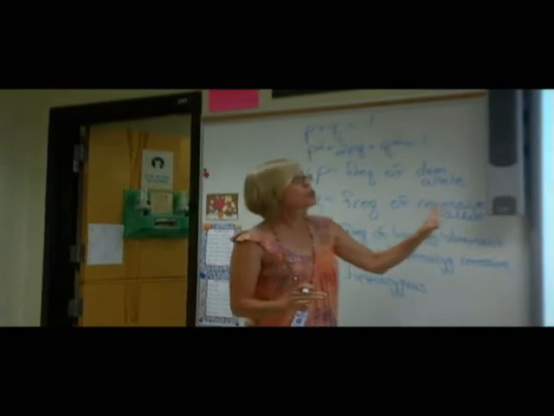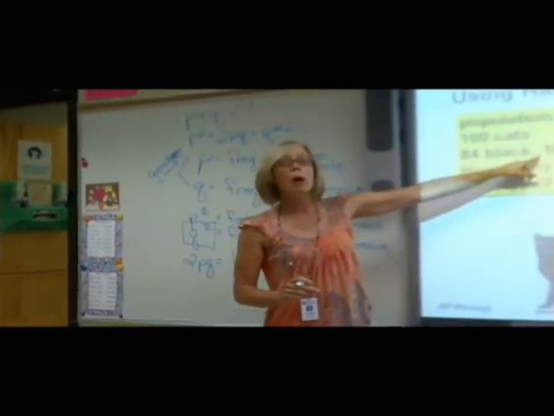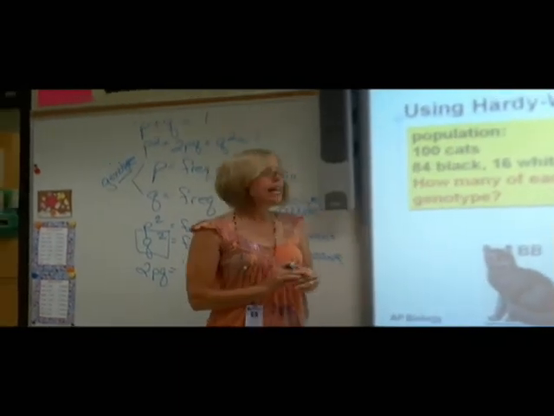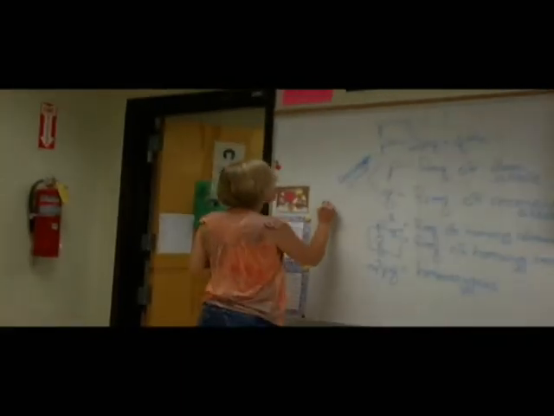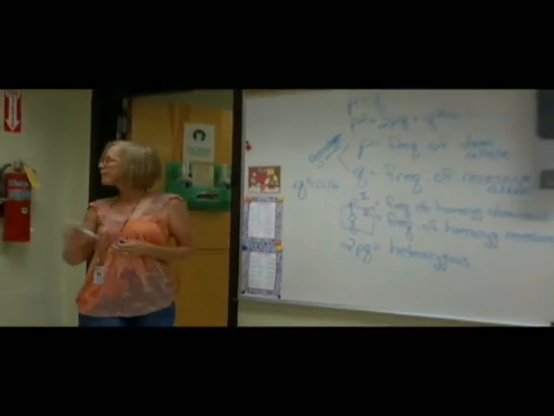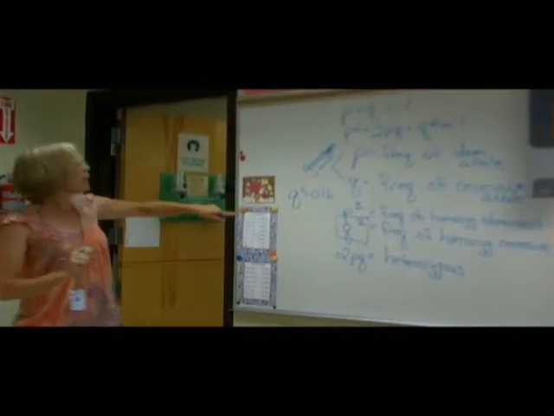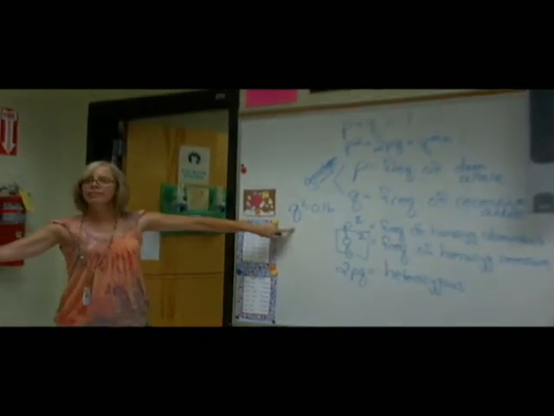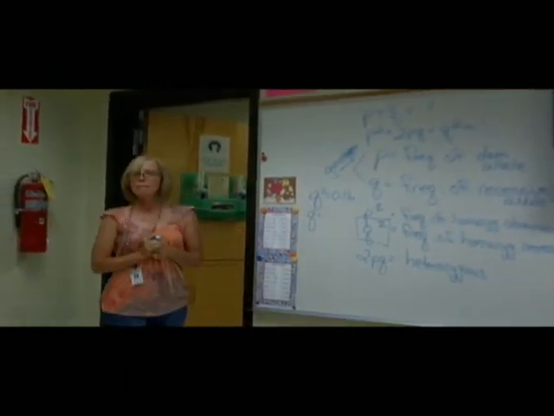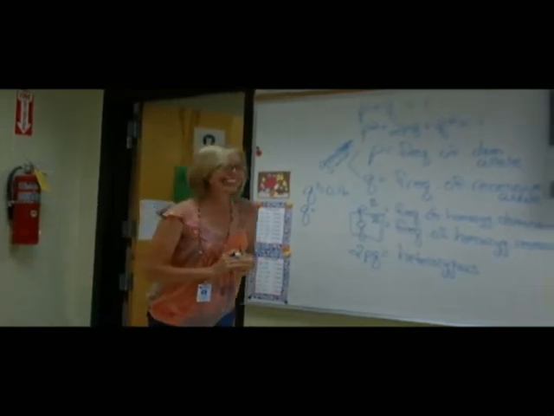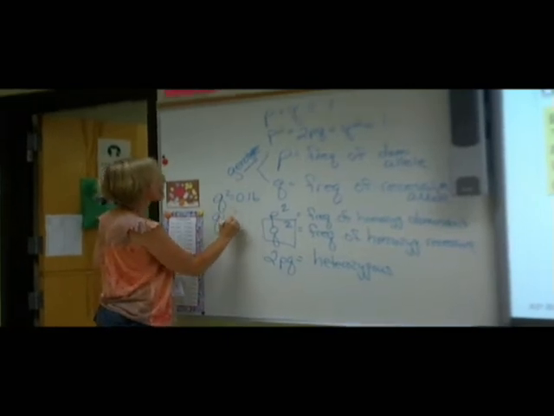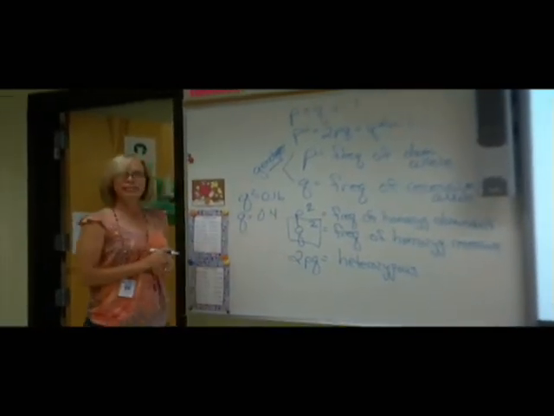Okay, so Q squared is equal to 0.16, 16 over 100. So if Q squared equals 0.16, what can we get from here then? What would Q be? How would you find it? You would take the square root of 0.16, so 0.4.